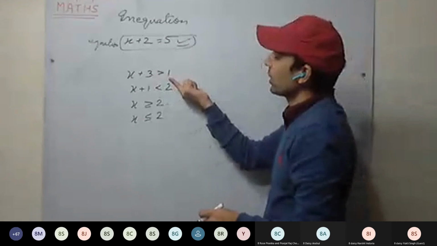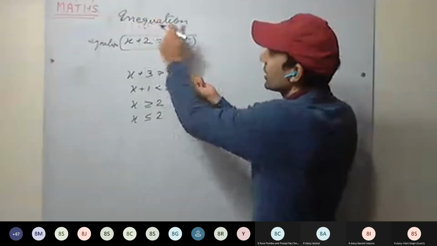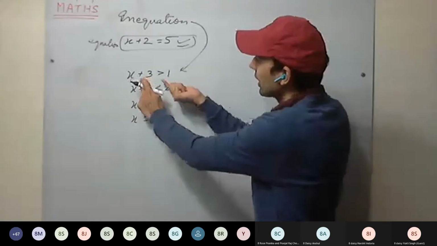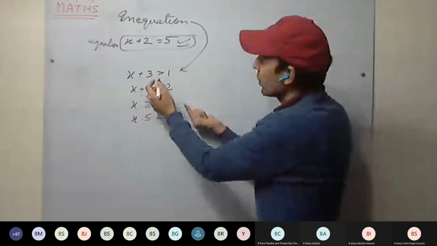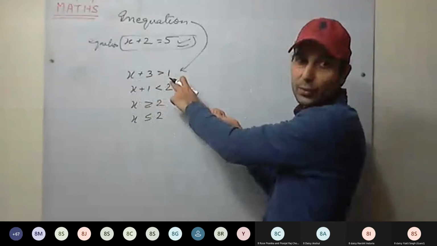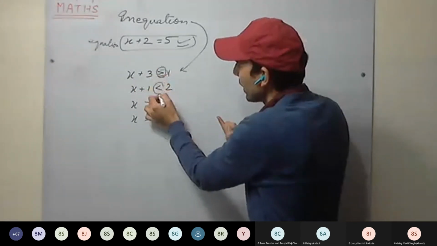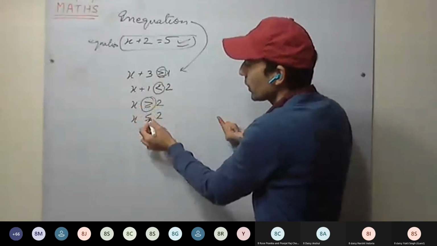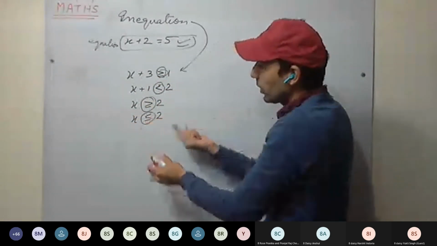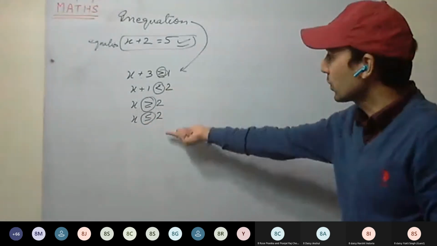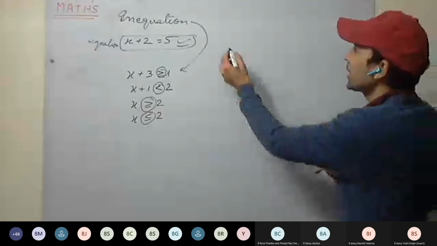And these are unequal, and are called inequalities. So how do we relate the left hand side to the right hand side? With the greater than sign, less than sign, or greater than or equal to sign, less than or equal to sign. Okay. Now see here, in these questions, mainly a replacement set is given.